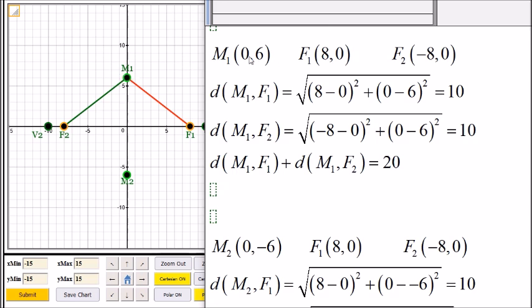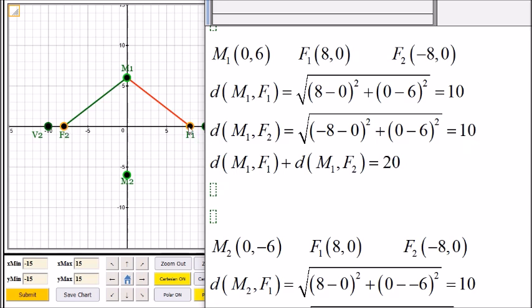M1 is located at 0, 6. F1 is located at 8, 0. F2 is located at negative 8, 0. So the distance from M1 to F1 is 10. The distance from M1 to F2 is also 10.